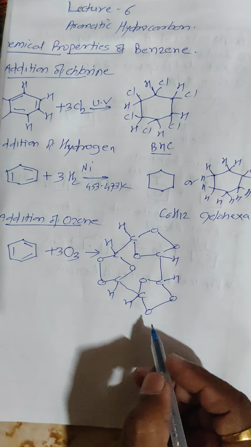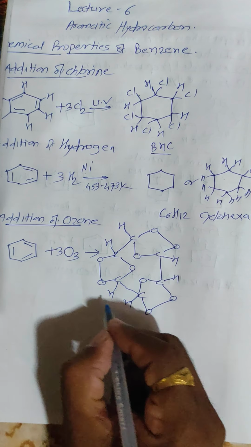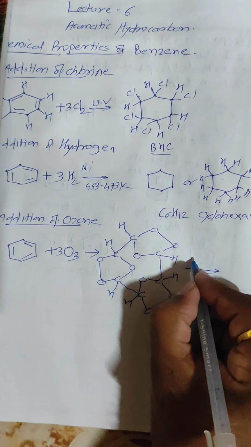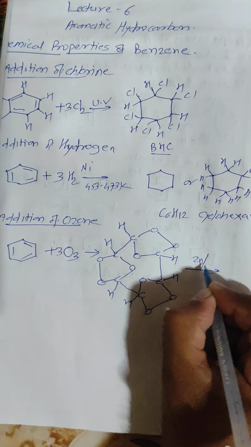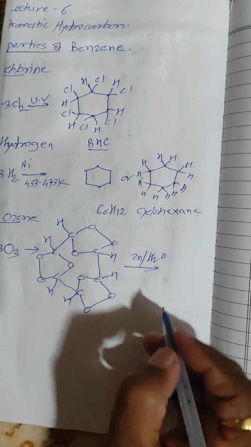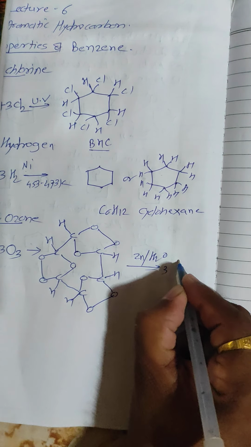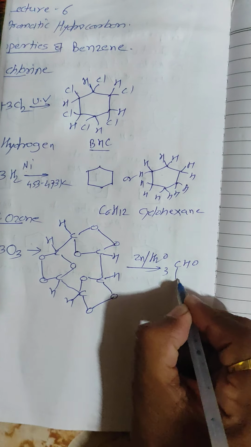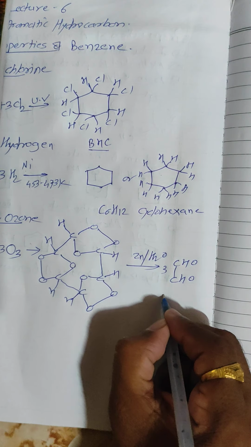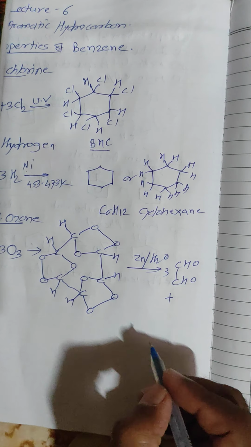This benzene triozonide is further treated with zinc dust and H2O. It gives the corresponding glycol, 3 molecules of CHO plus 3 H2O2.